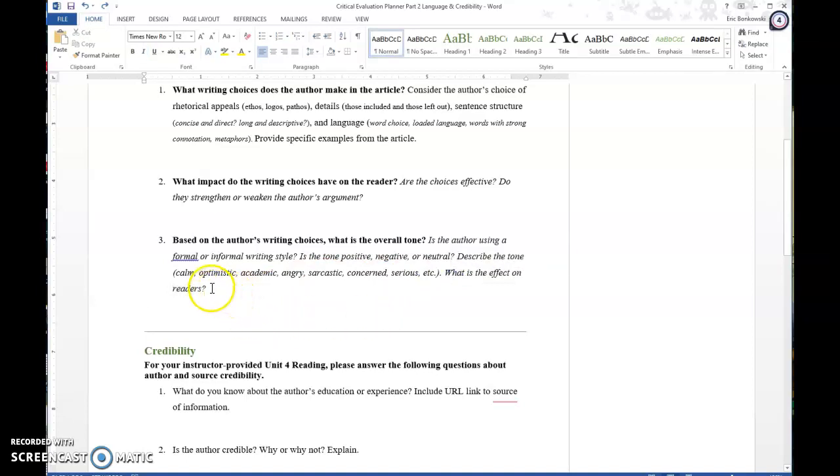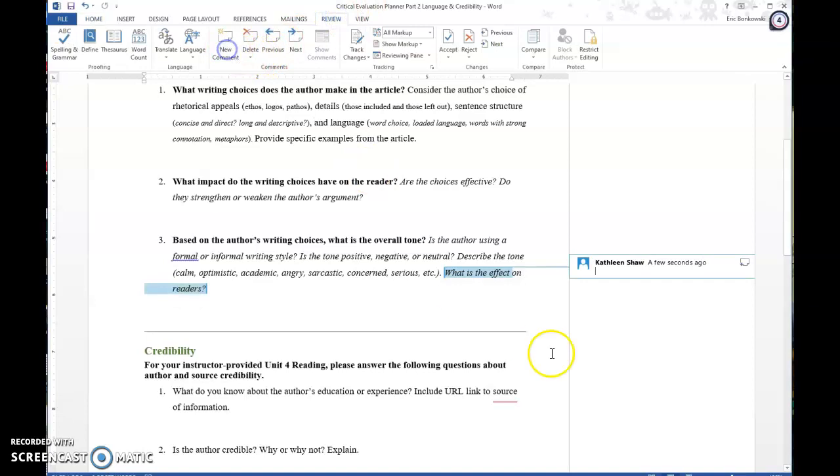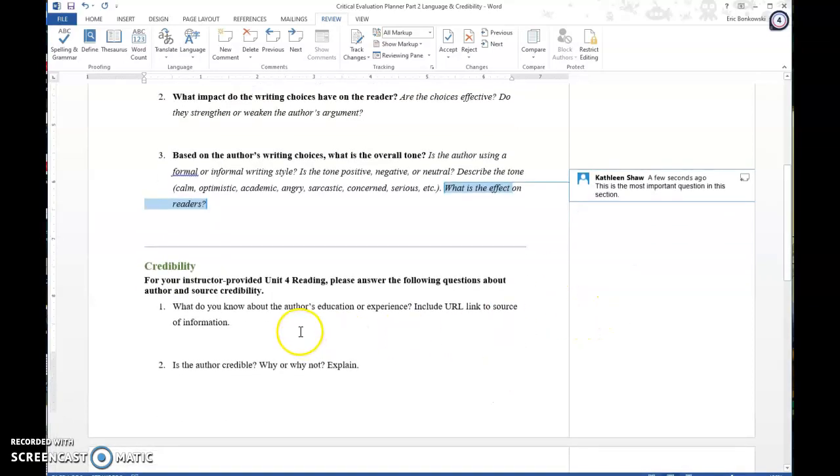Because remember, our overall question that we're trying to answer is, has Susan Blum written an effective article? This is the most important question in this section. So I'll just put that there. Okay.